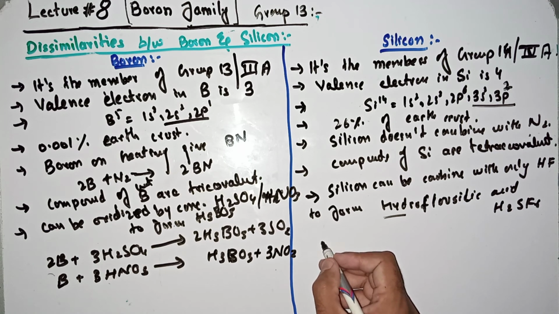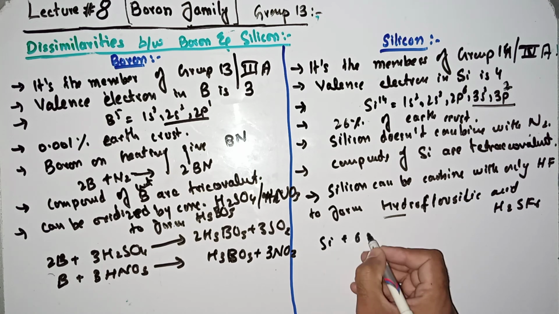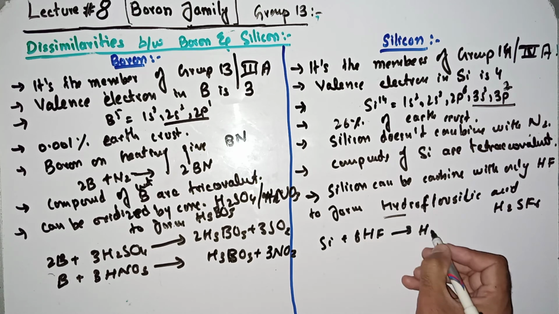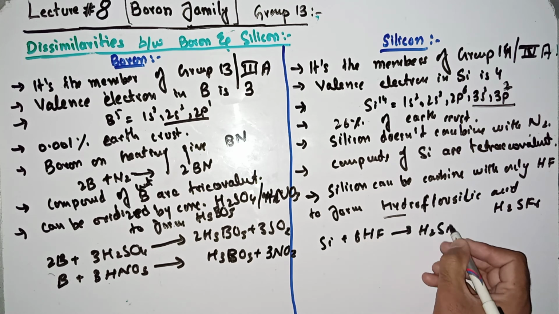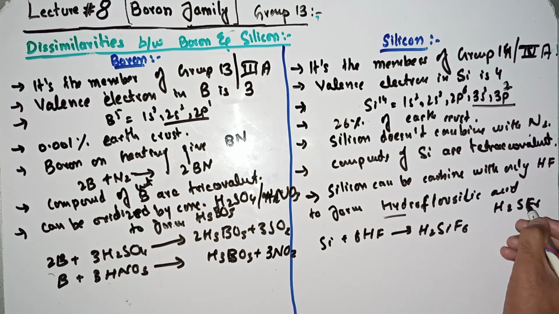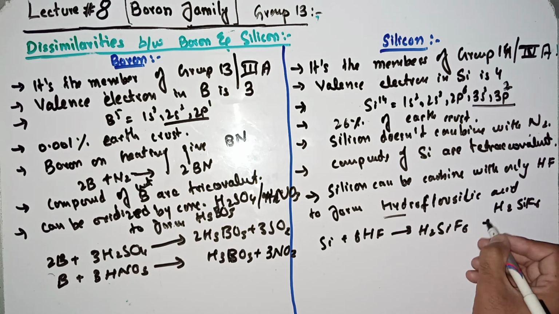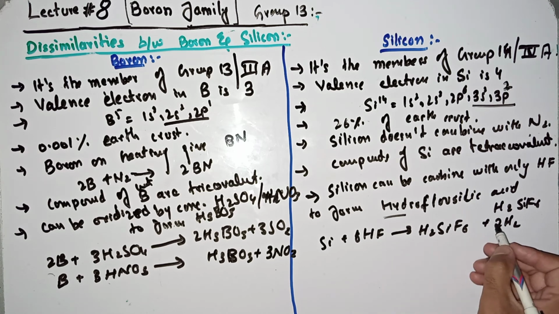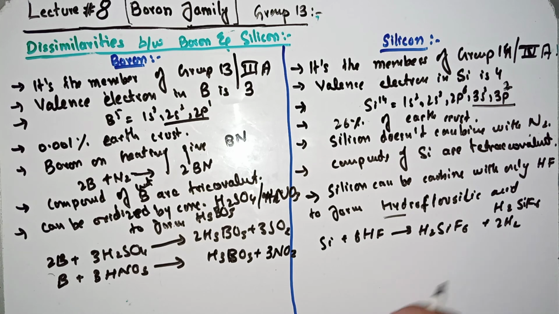The reaction: when Si is attacked with 6 HF molecules, it produces H2SiF6 plus 2H2 evolved. Here it is 3, so 3H2 will be evolved.